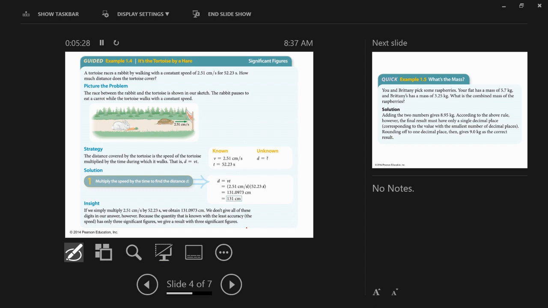Speed. I know it's a V, and I know that's confusing. But it's speed, not velocity. How do you know that's not velocity? There's no direction there. This says 2.51 centimeters per second. So is V always speed? Velocity, we'll get to that one later. So why would they do that?